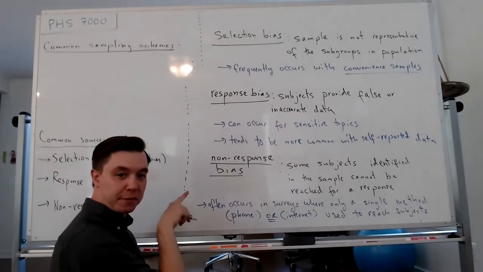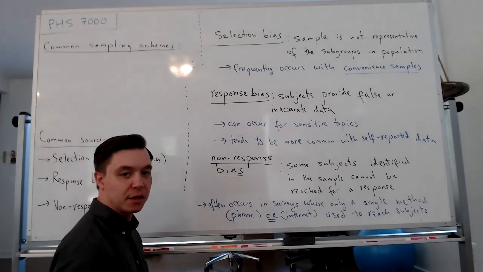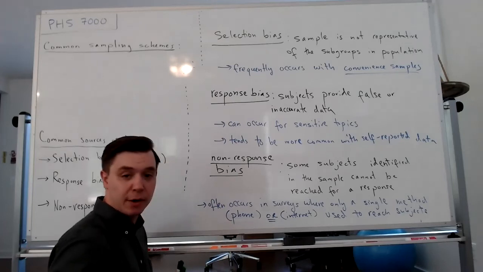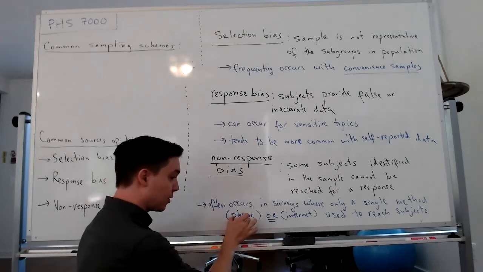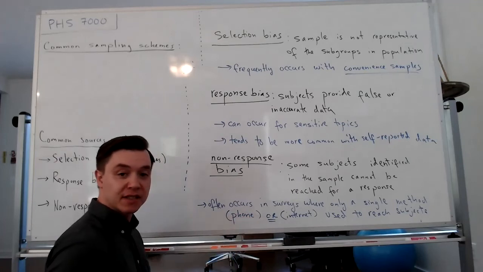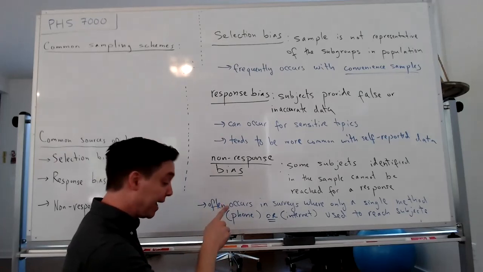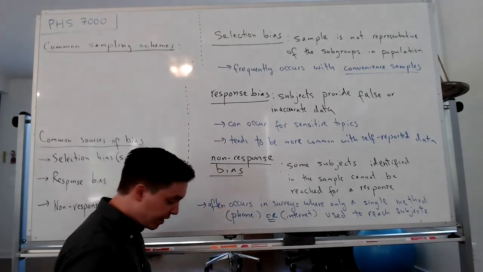If we're only using phone to administer a survey, then there are some people who do not have a home phone. If we're only calling landlines, for example, we are definitely not reaching everybody with a cell phone. If we're calling both landlines and cell phones, there are people who do not have a cell phone.